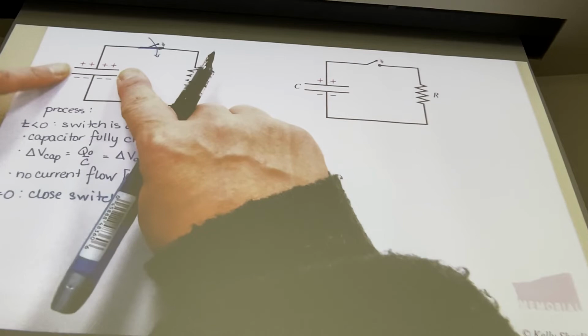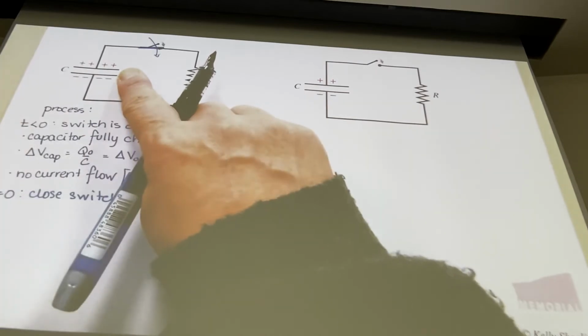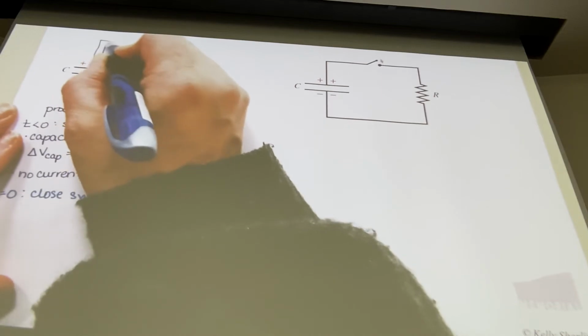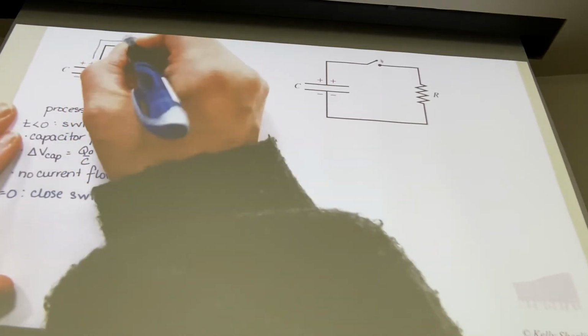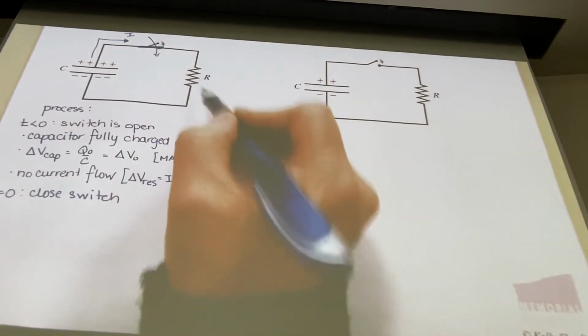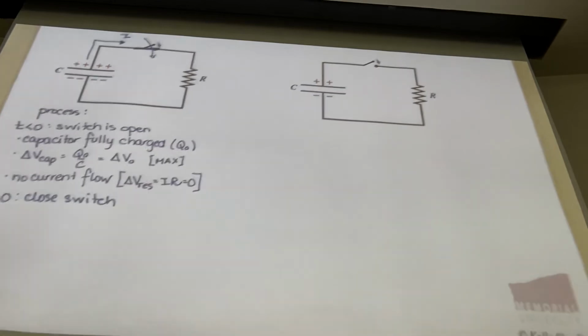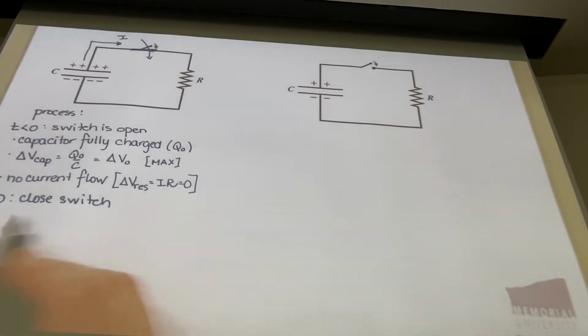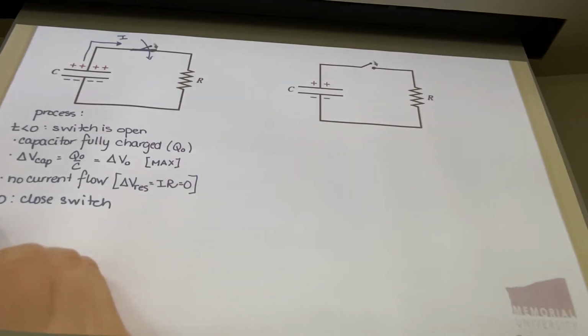They're repelled. They want to escape each other, so the charge is going to start to leave the plate. Positive charge is going to start to come off the plate. Positive charge moving around the circuit, that's what we call current I. So the current is going to start to flow. It's going to come around the circuit through the resistor, and that'll carry on until there's no more charge left on the plates. So at t equals 0, we close the switch.